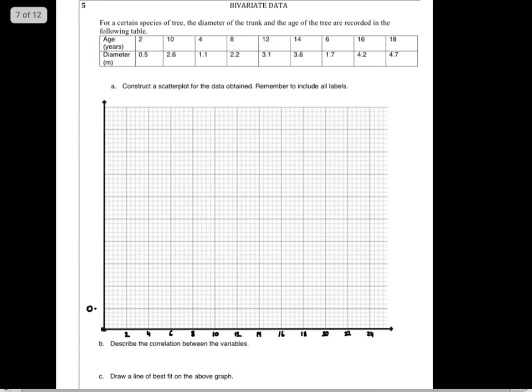Okay, and then I must set up a scale of numbers for diameter. So starting from 0 going up by 0.5s, I can now put my diameter data there. So putting them in pairs, I'm plotting points. And there we have it.